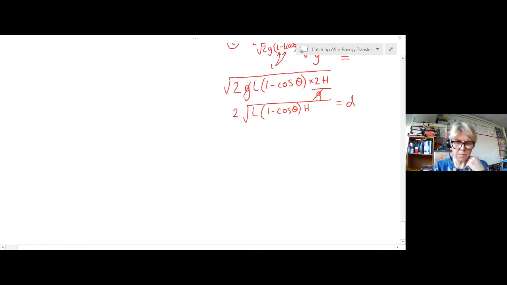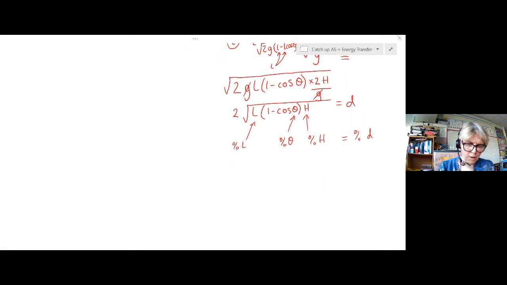we've got a percentage uncertainty in L. We've got a percentage uncertainty in theta. We've got a percentage uncertainty in h. Now, you might think to get the percentage uncertainty in d, it's a simple case of adding them up. Well, here it's slightly different because that square root, when you write it as an exponent, will be L to the half, all right?